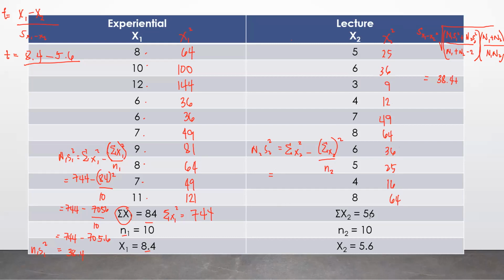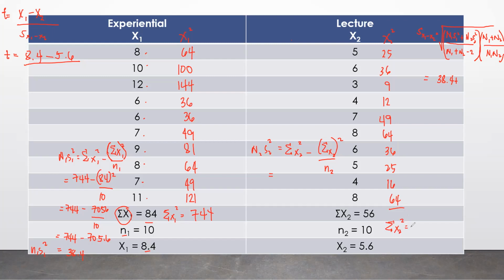And then we will be adding everything to get the summation of the x2 squared. Okay, let's add 25 plus 36 plus 9 plus 12 plus 49 plus 64 plus 36 plus 25 plus 16 and plus 64. That's a total of 336.